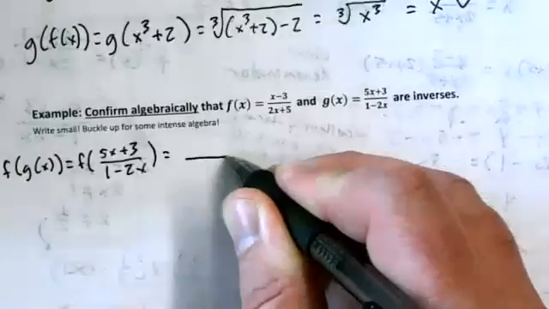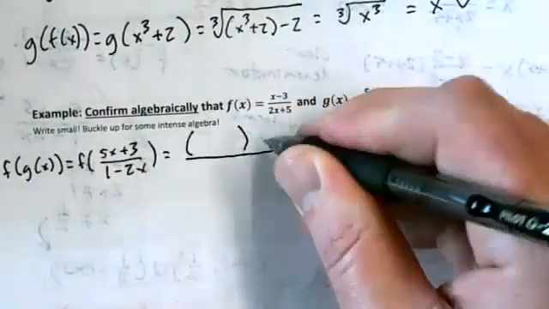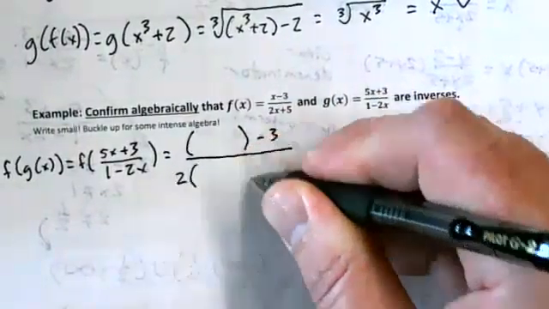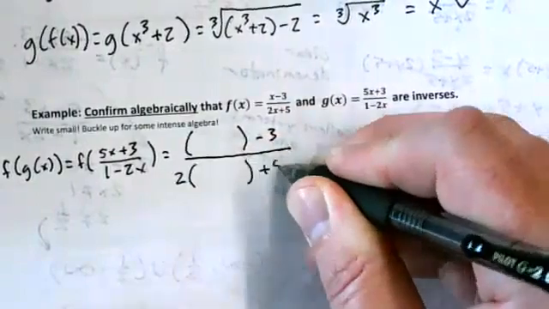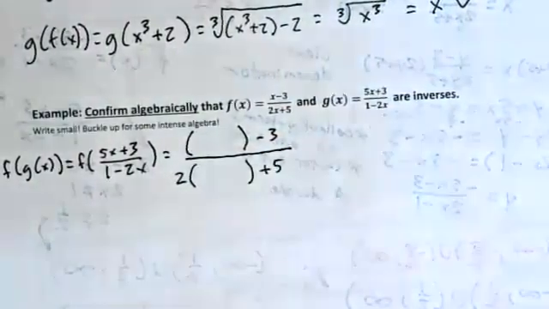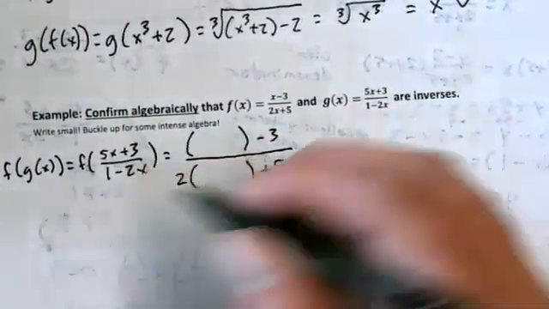My f function was x minus 3 over 2x plus 5. Let me double check and make sure I got that down right, and then I'll fill in the details.